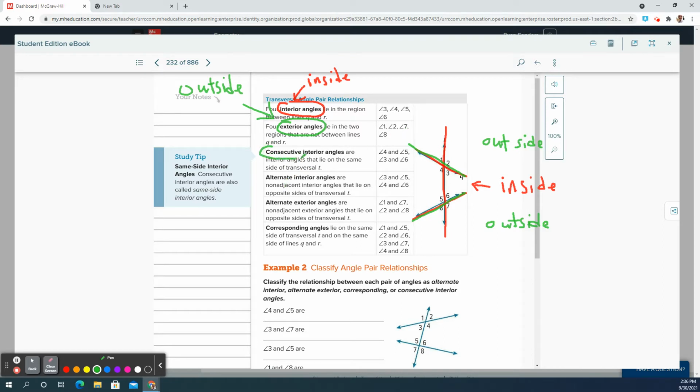Consecutive interior. Now, consecutive, the first part, let's change colors. Consecutive is talking about the transversal. So this is the same side of the transversal.